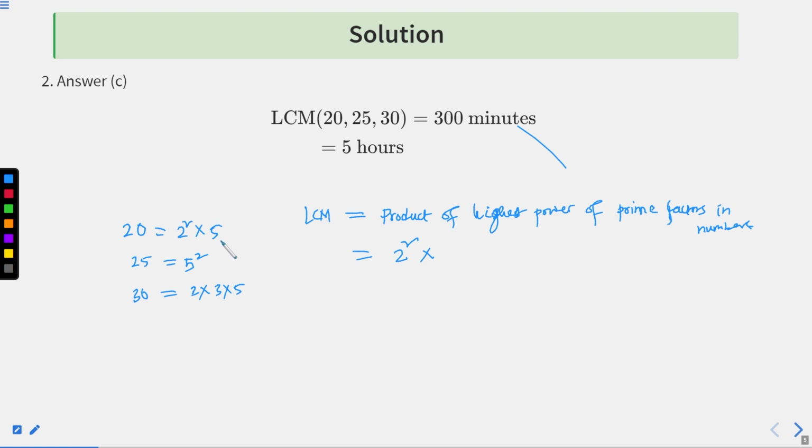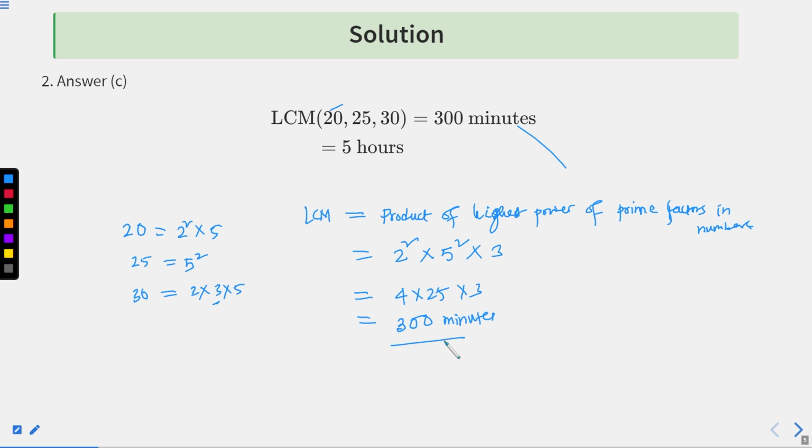For the prime factor 5, the highest power is 2, so we take 5 square. For the prime factor 3, the highest power is 1, so we take 3. If we multiply 2 square into 5 square into 3, we get the LCM of these 3 numbers. This is equal to 4 into 25 into 3, which is equal to 300. These are all in minutes, so we get 300 minutes.